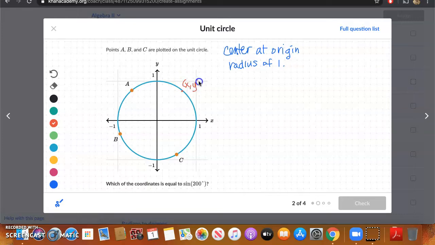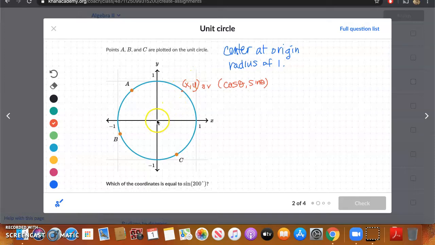However, we can express it differently: the x-coordinate can be represented using cosine of theta and the y-coordinate using sine of theta. You're probably asking, what's theta?